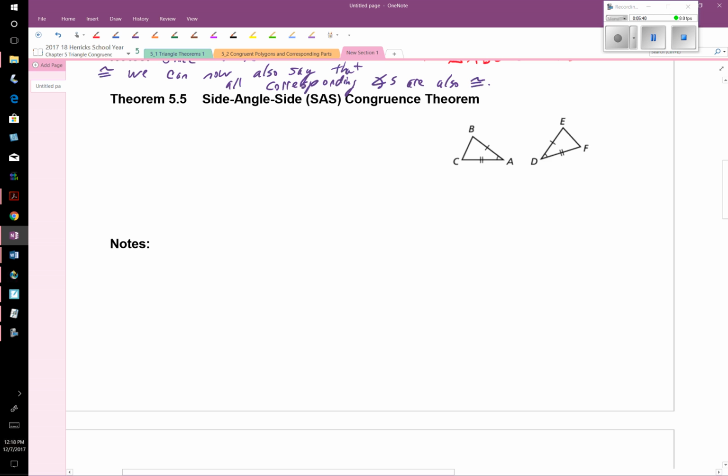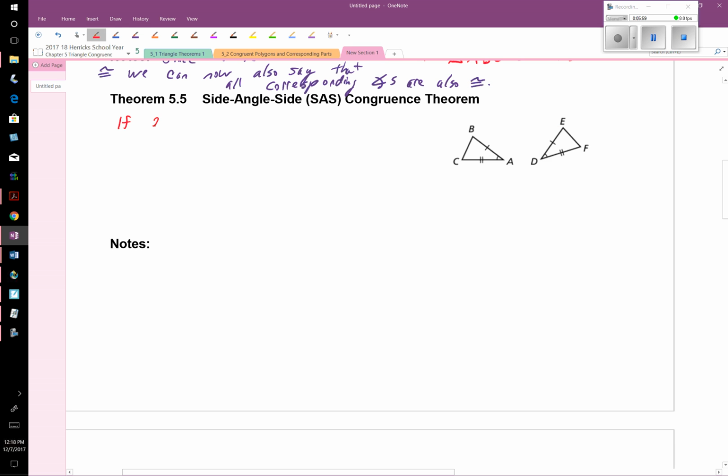Okay, so now what this says, and you have to be careful, is that if I have 2 pairs of congruent sides and the angle in between those 2 pairs, we'll call that the included angle, are congruent, then the triangles are congruent. Okay, so let's say that again.